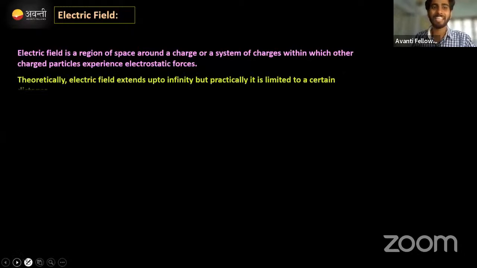Okay, electric field क्या होता है? देखो इधर, electric field is a region or a space around the charge or system of charges within which other charged particles experience the electrostatic force. ये क्या है इतना बड़ा वाला sentence? I will tell you in a simple way. मान लो this is me.